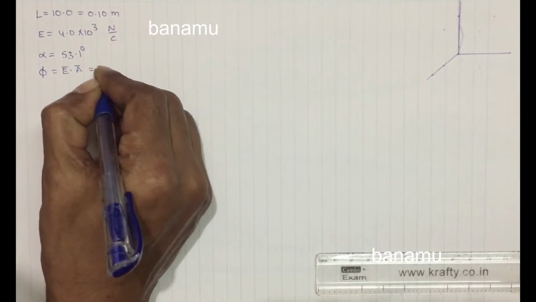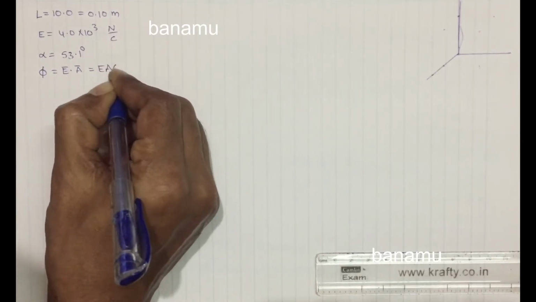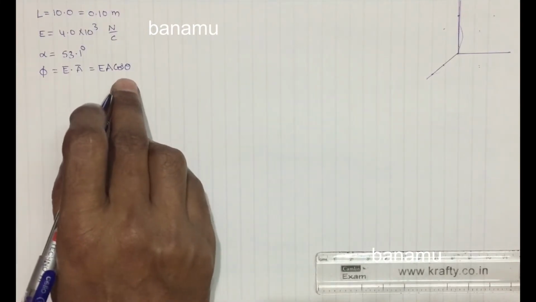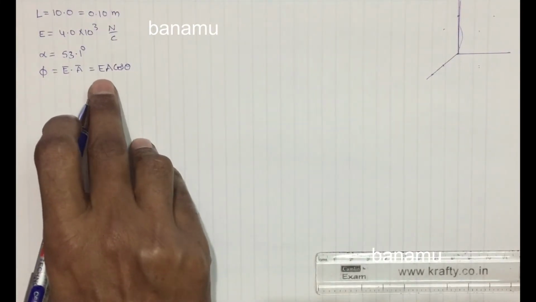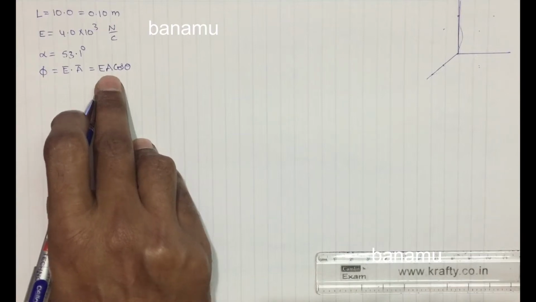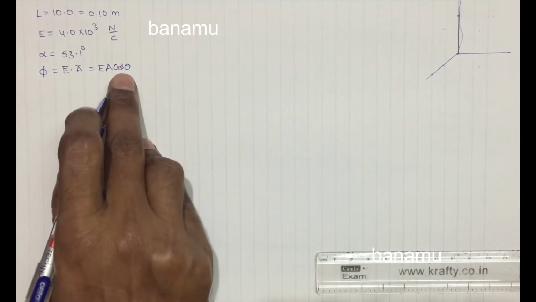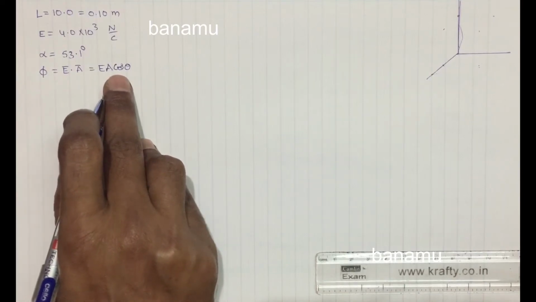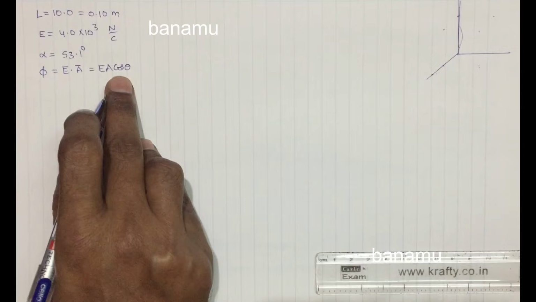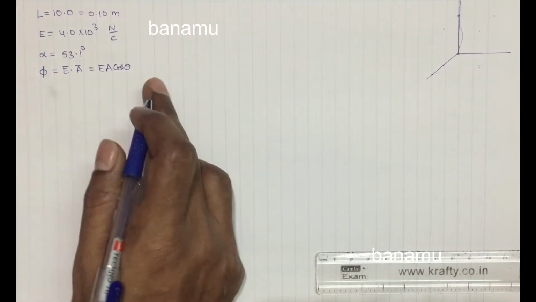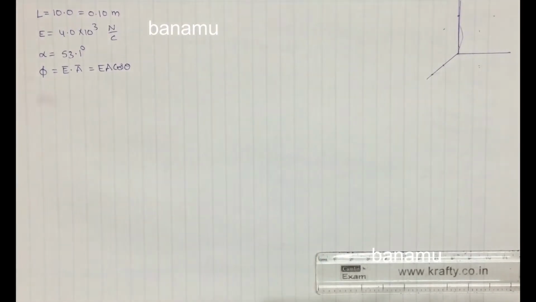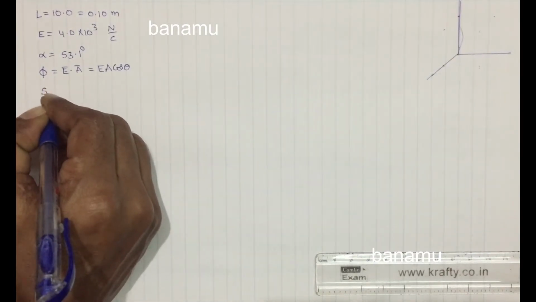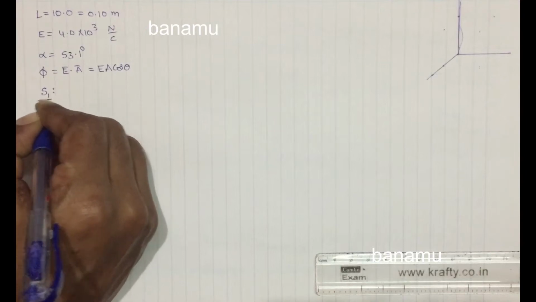That is equal to E A cos theta, where theta is the angle between the electric field and the area unit normal vector. So this is the theta. First of all, we can calculate the electric flux at the surface S1.